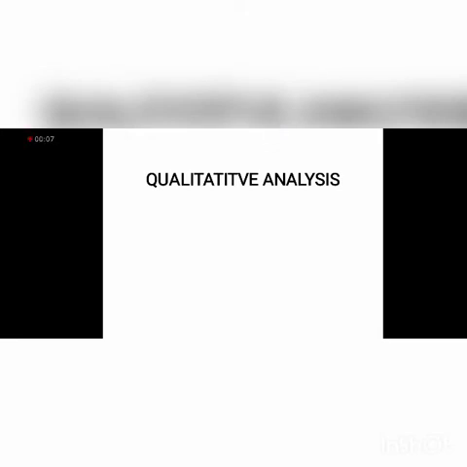Last week we talked about some aspects of quantitative analysis, where we want to calculate the quantity and the amount of substance in a particular compound. But now, in qualitative analysis, we want to check if a particular compound, element or radical is present or absent.